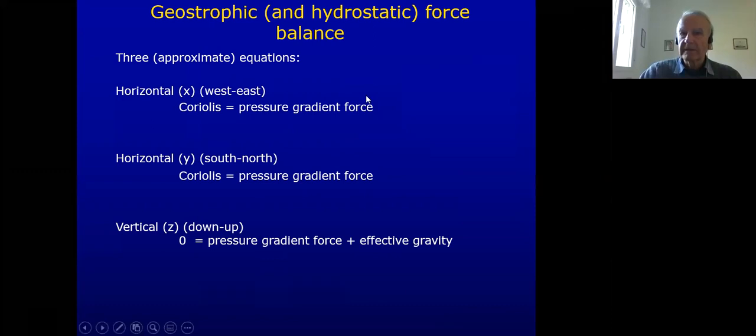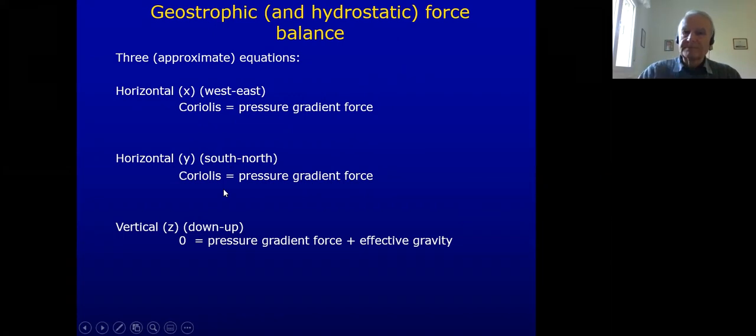So last time we were talking about the geostrophic and hydrostatic balance. That means that in the horizontal there is a balance between the... Usually in oceanography and also in meteorology, we define X and Y coordinates where X is west-east and Y is south-north.